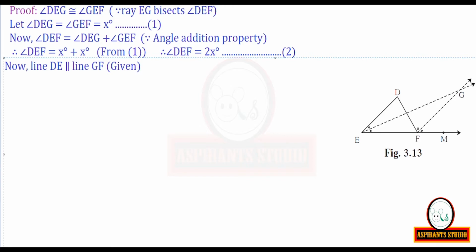You can see this in the figure. By corresponding angles theorem, when the lines are parallel, the corresponding angles are congruent. So, angle DEF is congruent to angle GFM.